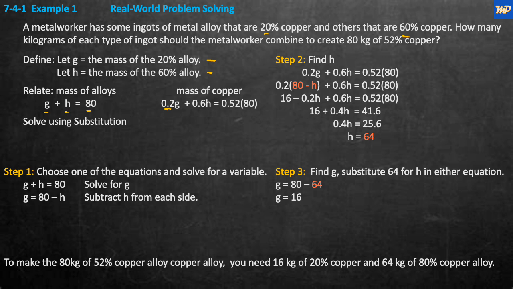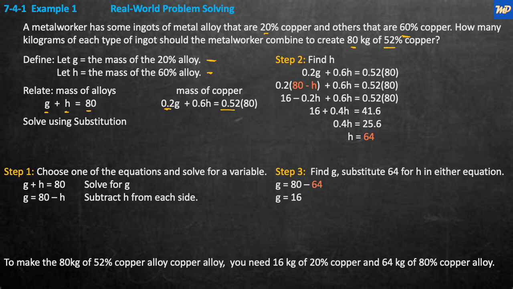So we have 0.2G plus 0.6H. When we add those together, it's going to end up being 0.52 of 80. That's what we're trying to get to, 52% of 80 kilograms. We want to end up with exactly 80 kilograms, and we want to know how much of each of those we have to mix together to get the 0.52.